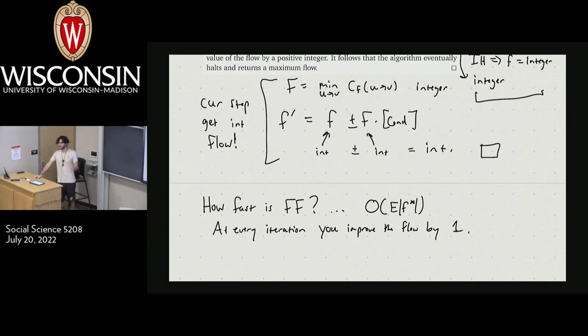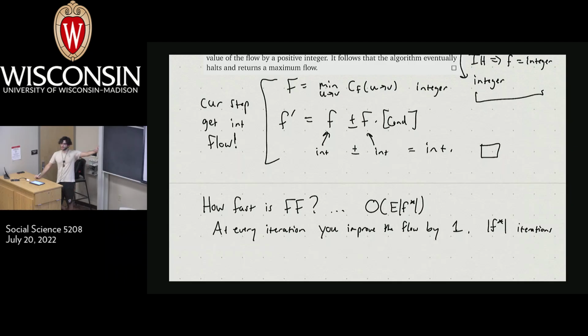So each iteration, your augmenting path has a flow value of 1. And so how many times do you have to add 1 to get to the max flow? Well, it's the size of the max flow. So it could take size of F star iterations, or you could think of the recursion tree having depth size of F star, whichever you prefer.